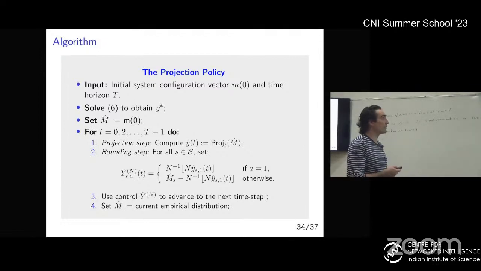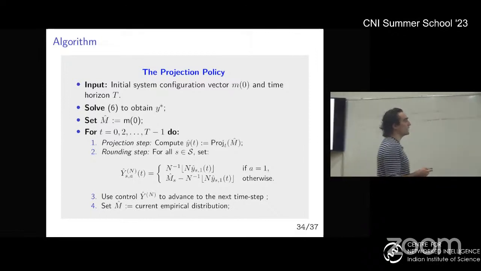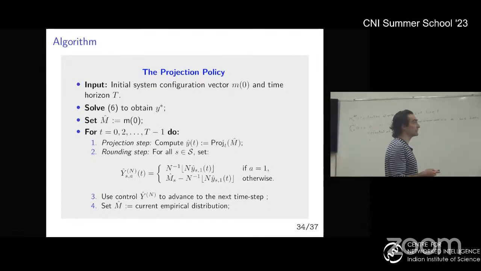The first thing is you have to solve your LP. The second thing is you start with your initial state. You compute your projection, and basically for every empirical distribution, right? So when I say an empirical distribution, I hope that everyone understands that. Perhaps the easier way to understand what an empirical distribution is, is when you have some data and you do a histogram. This is what we call an empirical distribution.